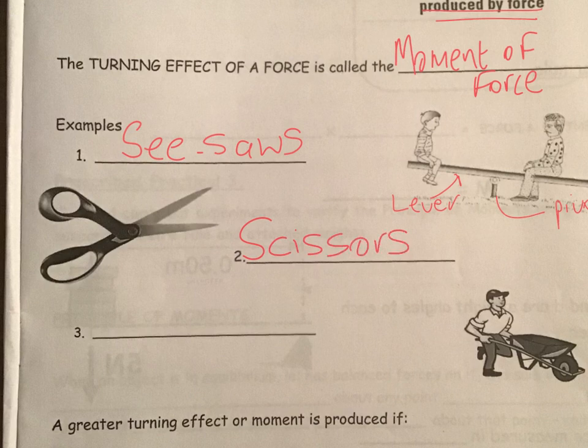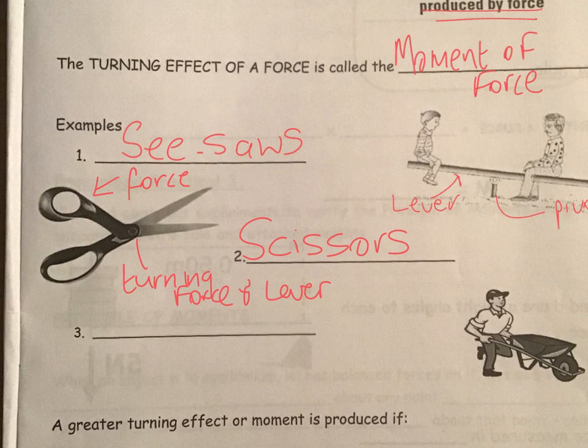You would have the turning force here, which is your lever. You apply your force at the scissors, and it depends on the distance between the pivot and where you are applying the force.